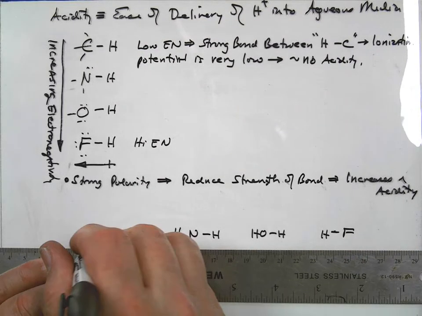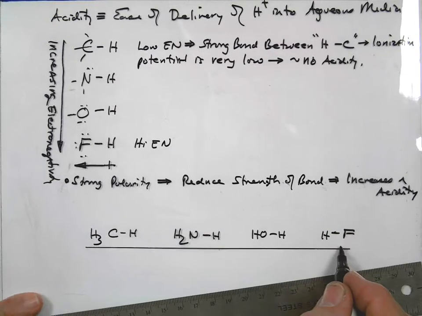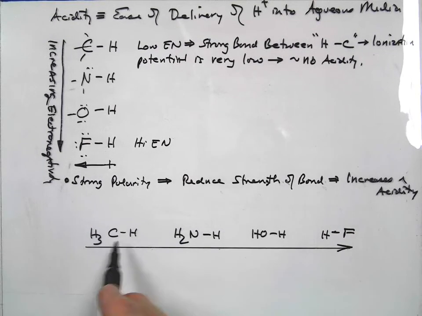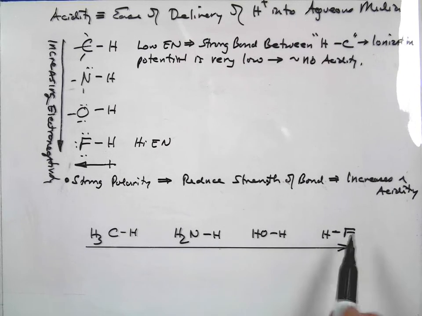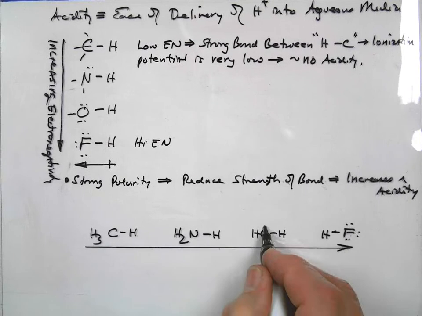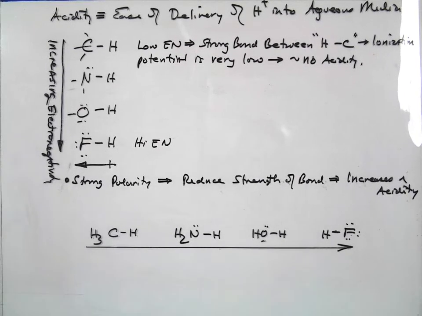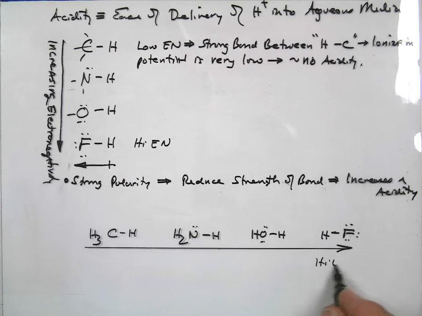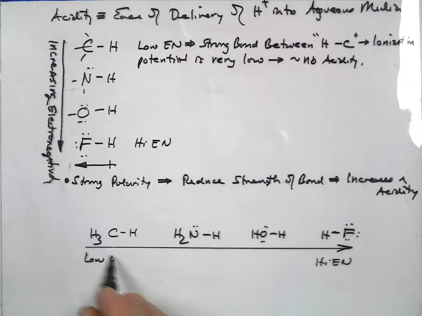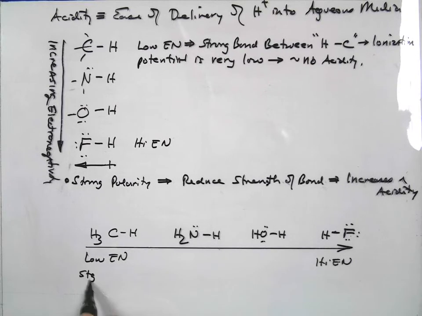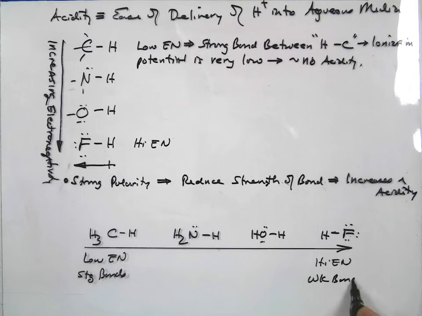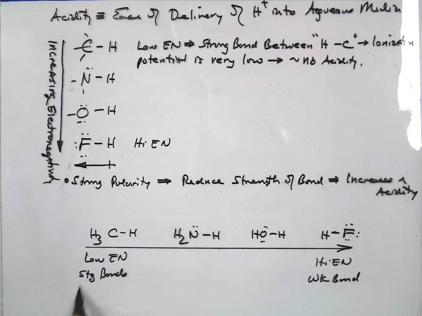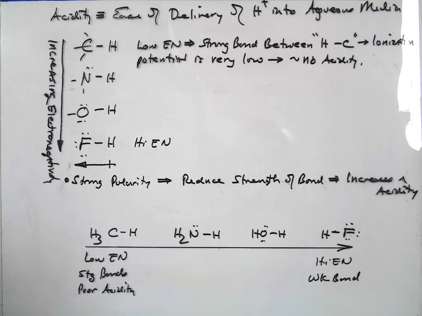So as we go from left to right, based on what I've just given you, we have an increasing electronegativity of the central element. That'd be fluoride in this case, oxygen in this case, nitrogen, and carbon. We have a high electronegativity here, low electronegative here, strong bond between the hydrogen and the central element, weak bond, and as a result, poor acidity, very weak acid.